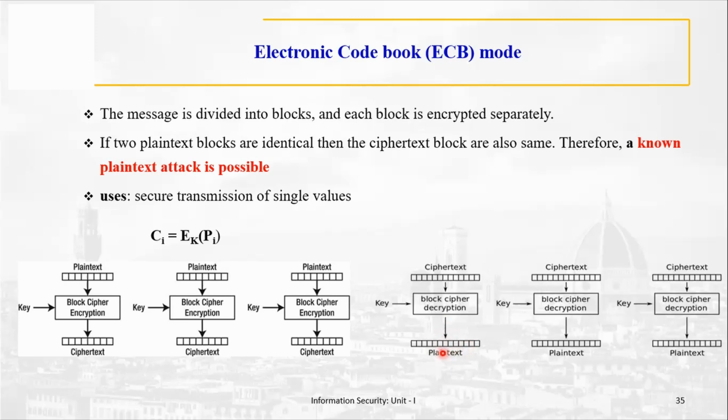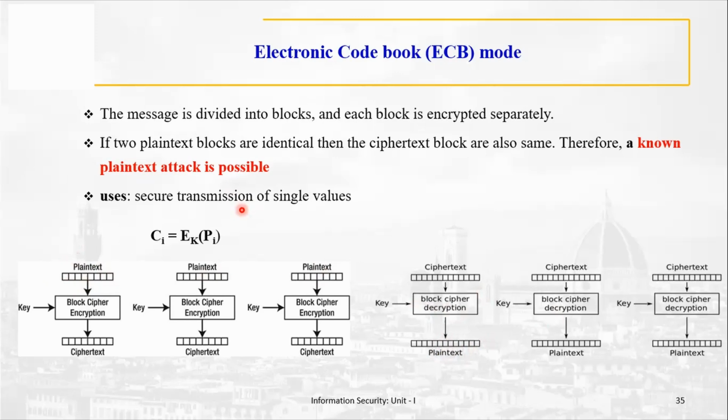Now the problem with this is that attackers will come to know what exactly is the operation in the encryption and decryption part. How? Let us consider that a plain text is getting repeated quite a few times in the original message. Let's say the word is defense.